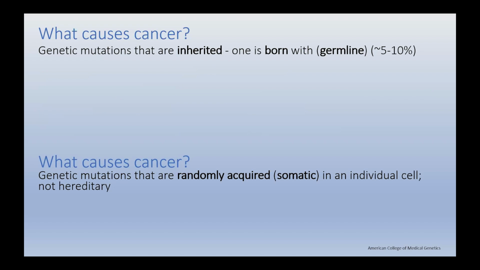And next, let's move on to genetic mutations that are inherited on the top, and on the bottom, genetic mutations that are randomly acquired, or somatic, in an individual cell and therefore not hereditary. I want to point out that inherited genetic mutations that are associated with cancers, also known as germline mutations, occur in only around 5 to 10% of cancer diagnoses, so it's not common.